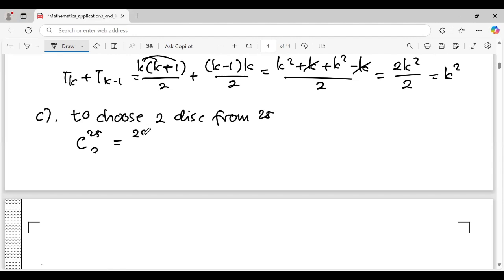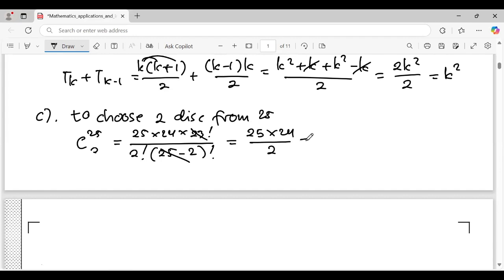So it is 25 times 24 times 23 factorial over 2 factorial times (25 minus 2) factorial. Dividing, it becomes 25 times 24 divided by 2, which is 300.